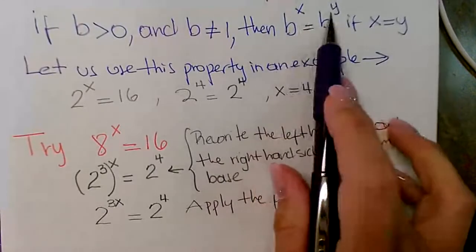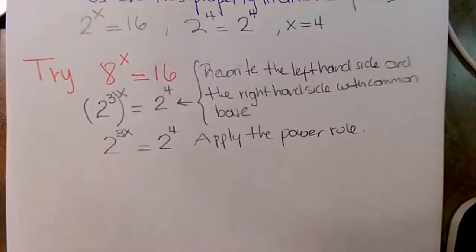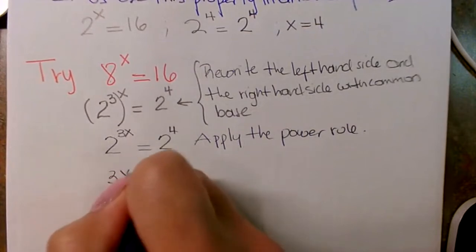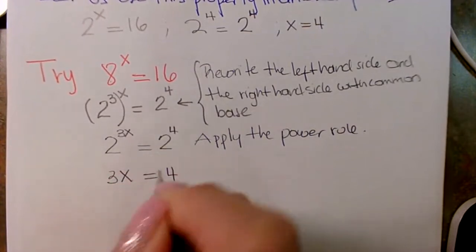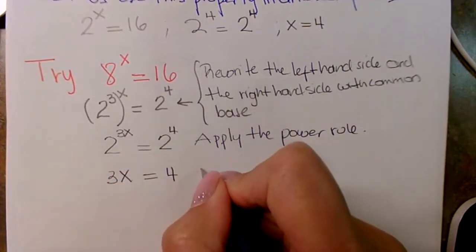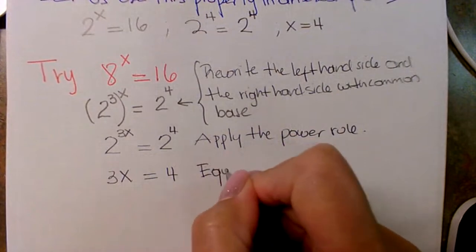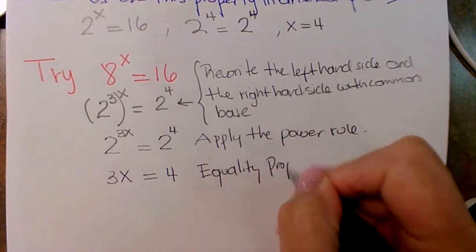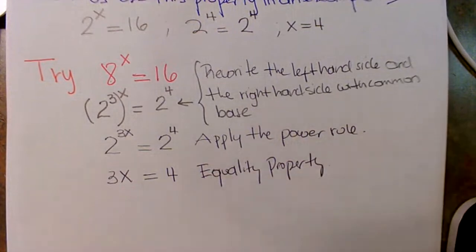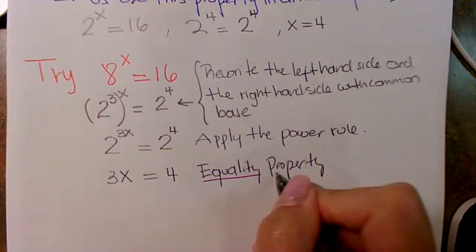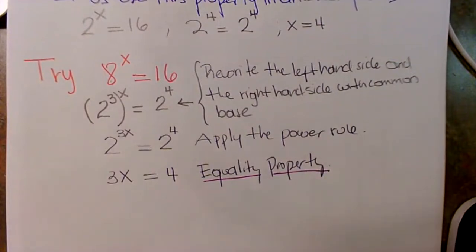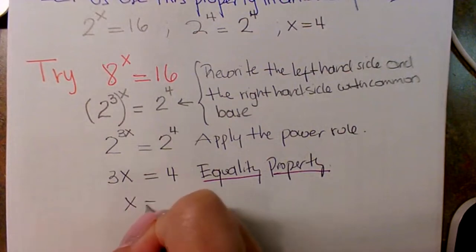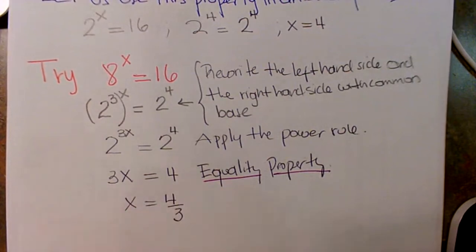Same base, the exponents are the same, okay? So 3x is equal to 4. And we are applying what we call the equality property. And from here, we get that x is equal to 4 over 3.